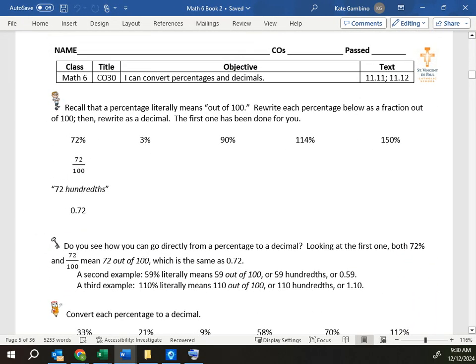CO30, now we're doing percentages with decimals. Again, no calculator for this one. All right, so what big thing do we need to remember for this one, James? We need to go to the 100th place.